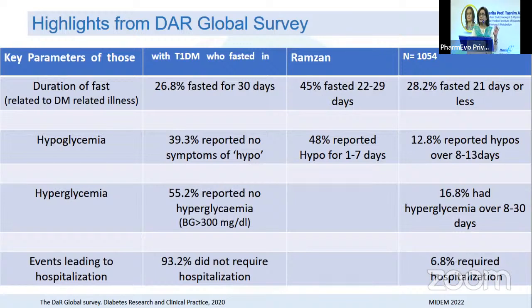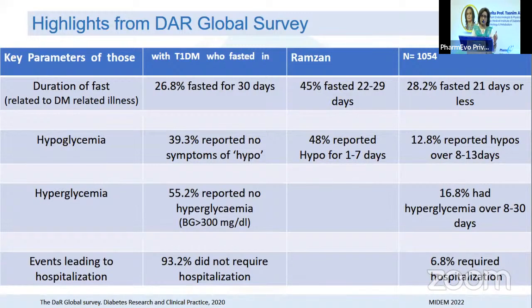Mind you, this is a survey again from Muslim countries with very good healthcare systems, not countries like ours. Hyperglycemia of more than 300 milligrams was reported in more than half the patients.